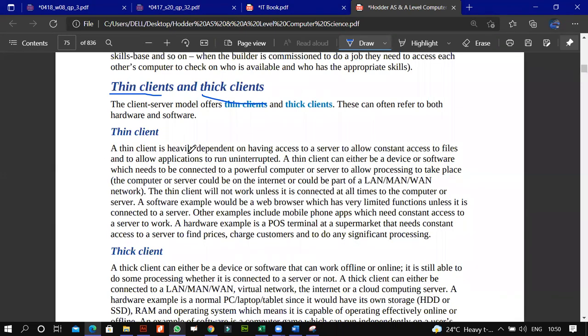A thin client is heavily dependent on having access to the server. For example, in a star topology, if the client is accessing application software from the server, it will be considered your thin client, which means it cannot load anything unless the server is on. It's totally dependent to a large extent on the server.